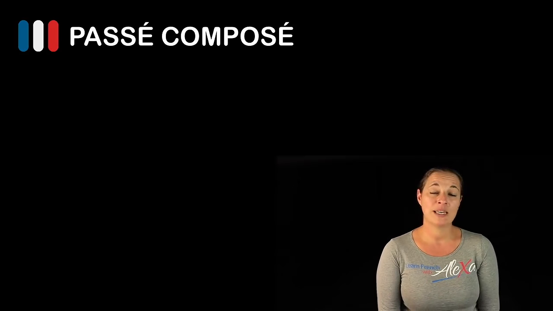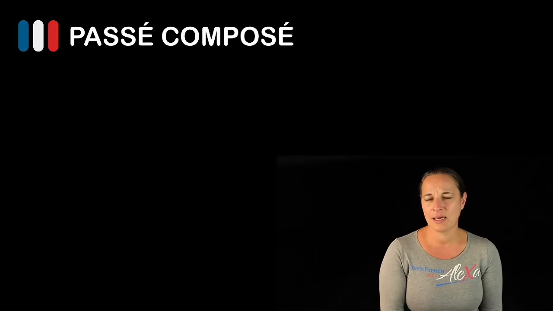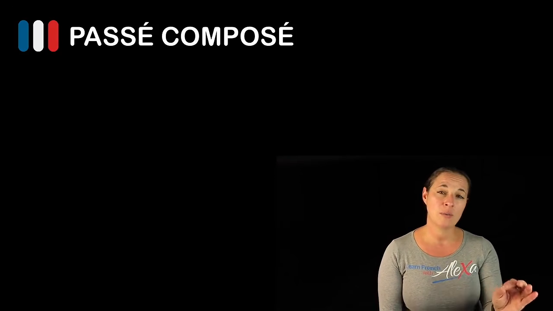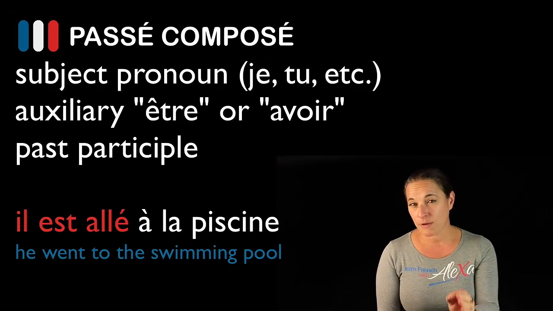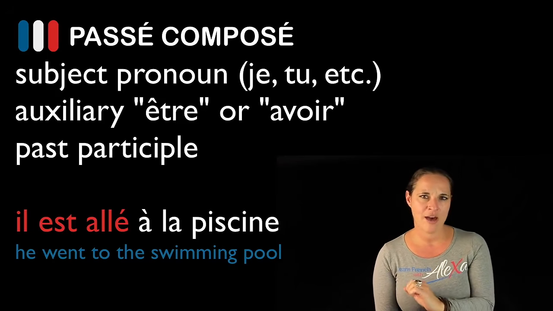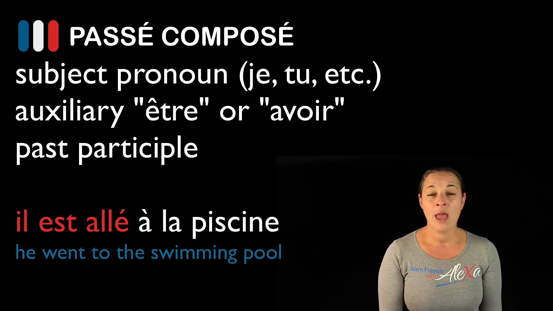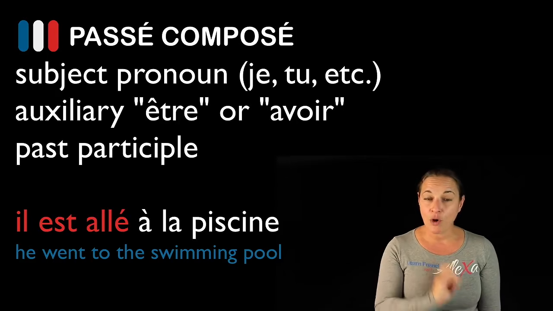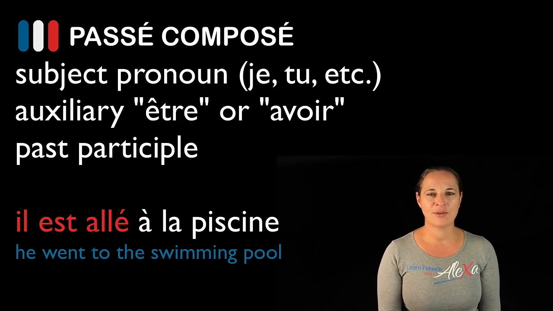When I mean passé composé, it's the past tense, okay? And we know that past tense comes in 3 bits, okay? The subject pronoun, the auxiliary verbs to be or to have, and then the past participle. But which order do you put them in when asking questions?